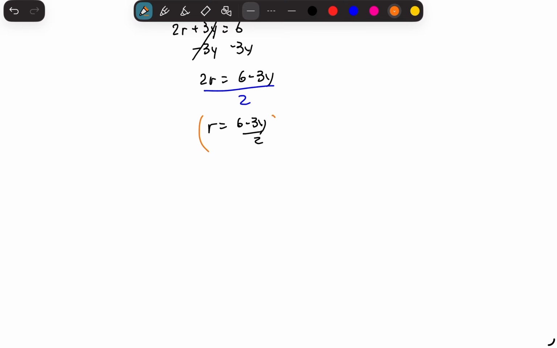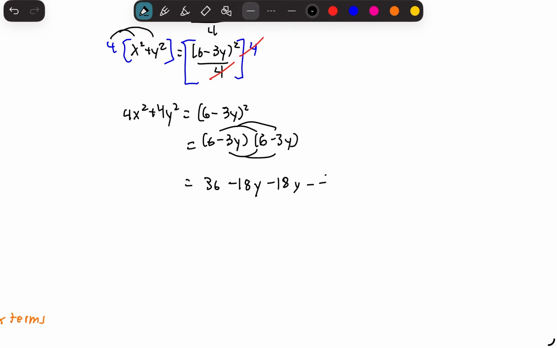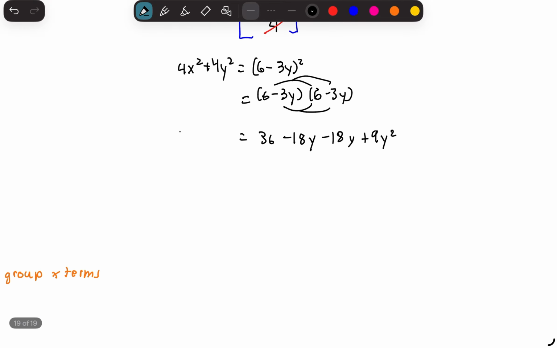So this is going to be 6 minus 3y, 6 minus 3y, and that's going to be equal to 36, negative 18y, and negative 18y. And this is going to be positive 9y squared, and that's going to equal 4x squared plus 4y squared.